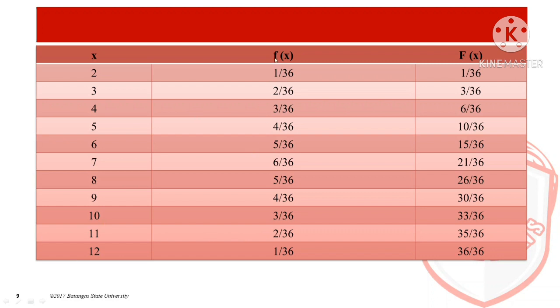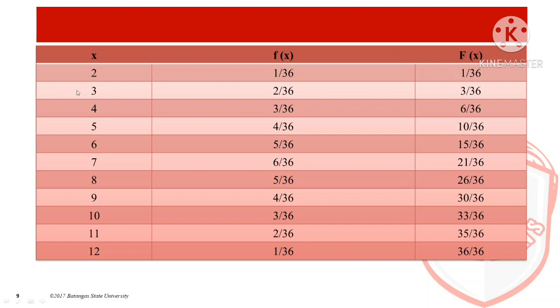So, kung mapapansin nyo, ito yung probability ng per real value o random variable. Kitang-kita naman. Ito yung probability niya. Then, ito namang nandito sa third column natin is the cumulative value. So, dun sa una nating random variable, yung 2, ang kanyang cumulative is 1 over 36, same as yung f of x natin.